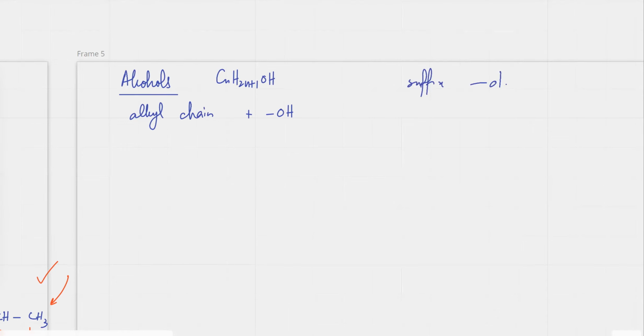So here are a few molecules. Remember, whenever you draw an alcohol, connect the O. Even if it's on this side, it's the O that's going to get connected. If it's on this side, it's the O that's going to get connected. So this is an example of an alcohol. You can have 3 OH groups, 1 OH group, whatever. So these are your alcohols.